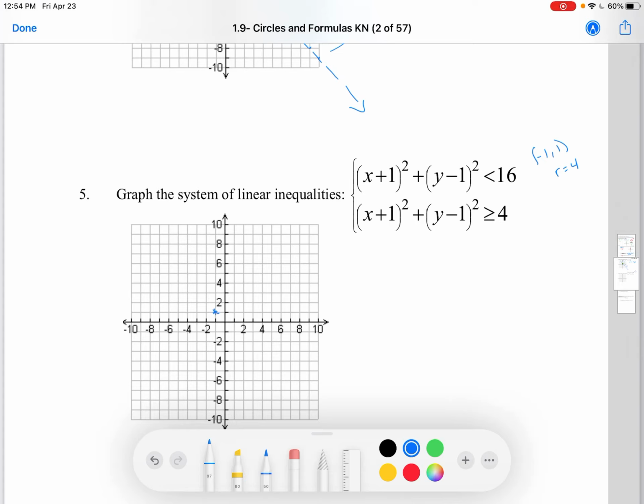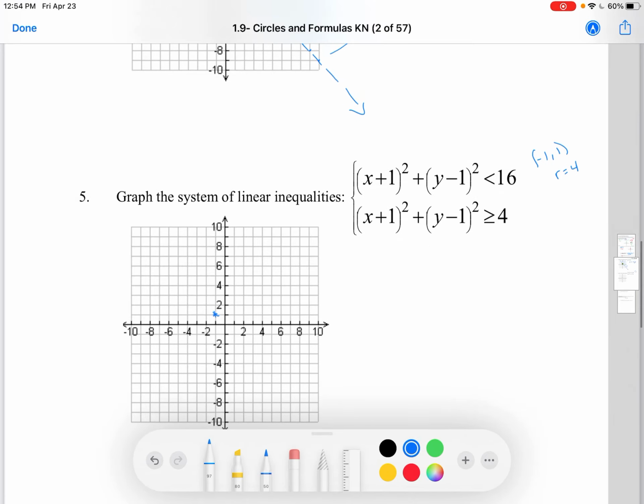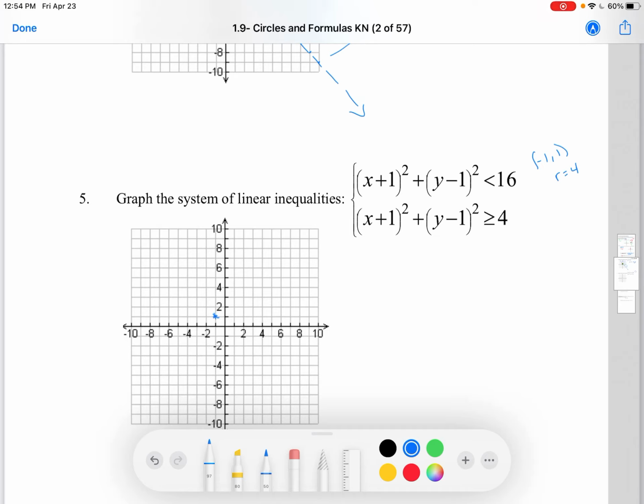That's shifting it just a little bit. And from there, in blue, I'm going to label all of my points from my radius. 4 up, 4 right, 4 down, and 4 left. And that will give me my circle.